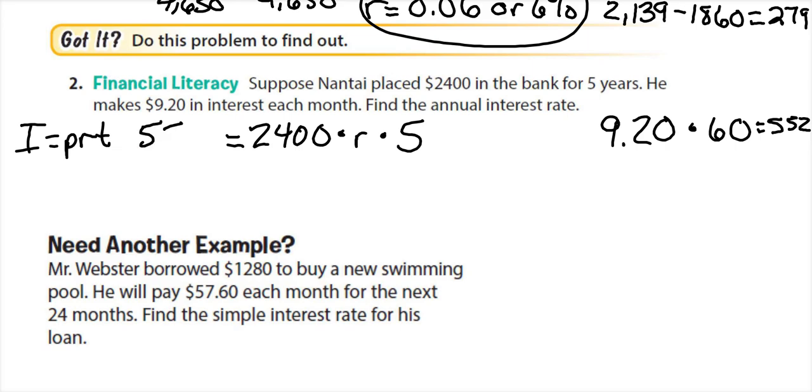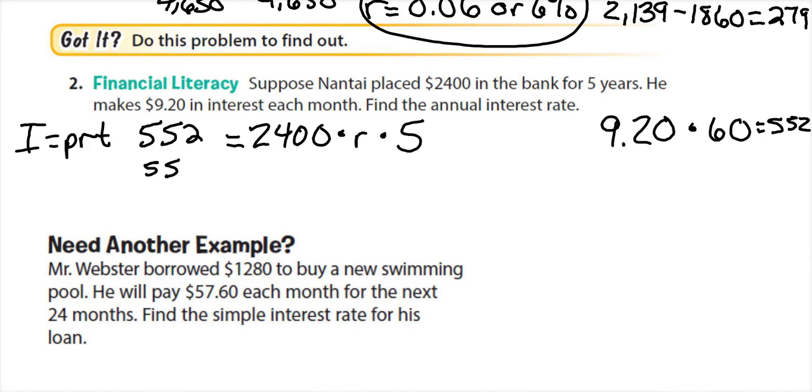In the last problem, that's what the guy had to pay to the bank. This guy is getting it back from the bank because it's an investment this time and not a loan. Then we put our two constants together on the right: 2,400 times 5 is 12,000.